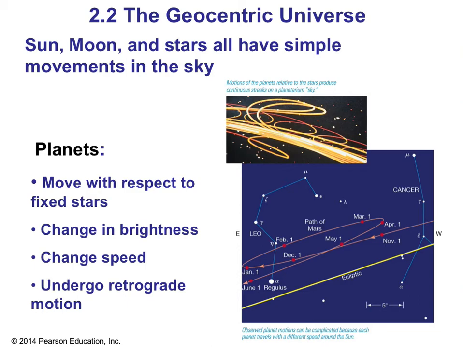So that was very puzzling for scientists because they couldn't explain why a planet would go through this retrograde motion. They went to great trouble to try to explain why those observations were made, and they had a hard time coming up with the scientific, mathematical explanation for why that would happen with Earth being in the center of our solar system.